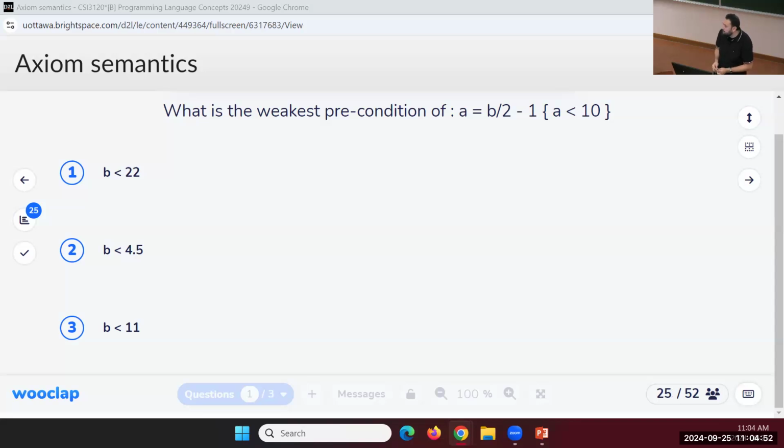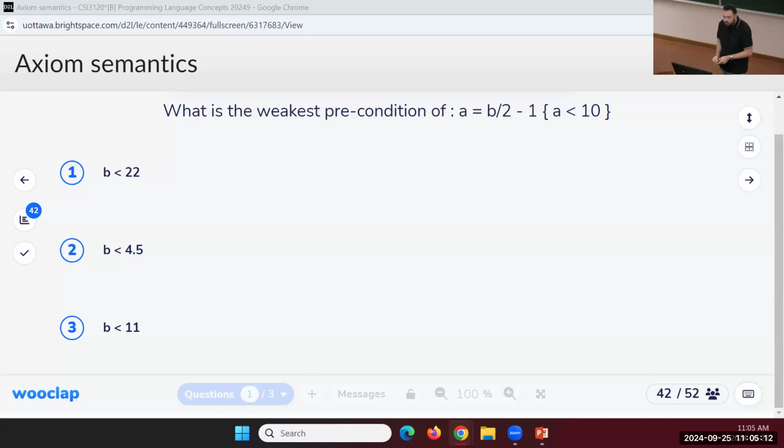Give you another minute. Okay, so we have B less than 22, B less than 4.5, B less than 11.